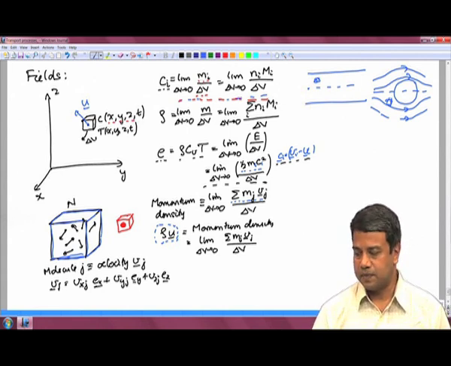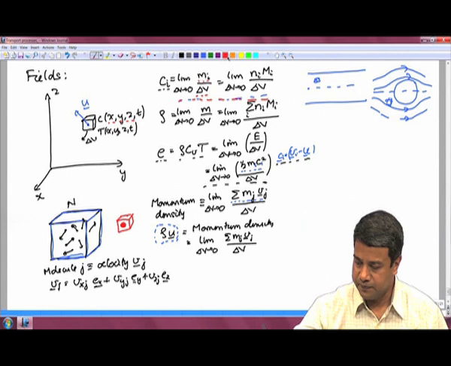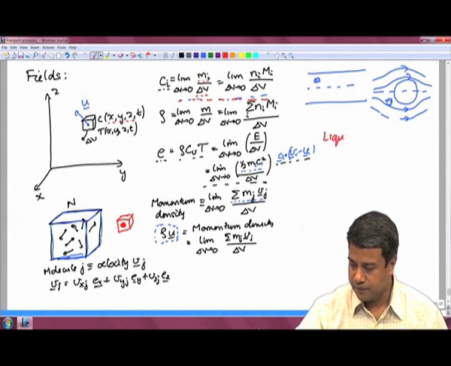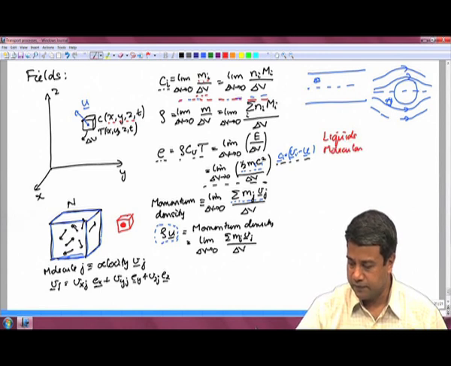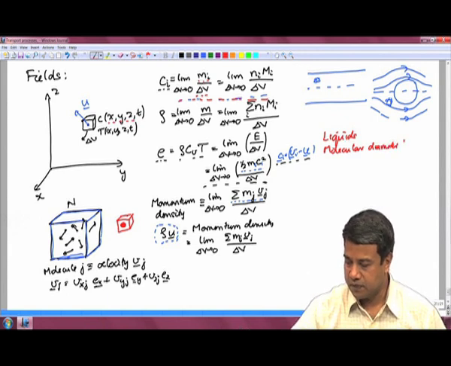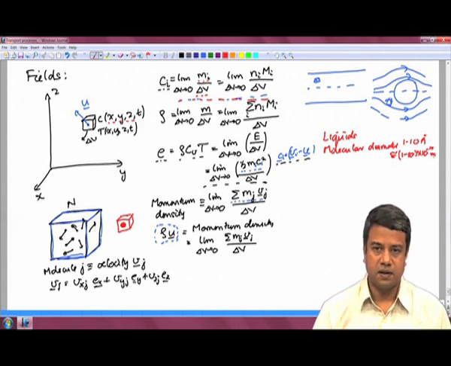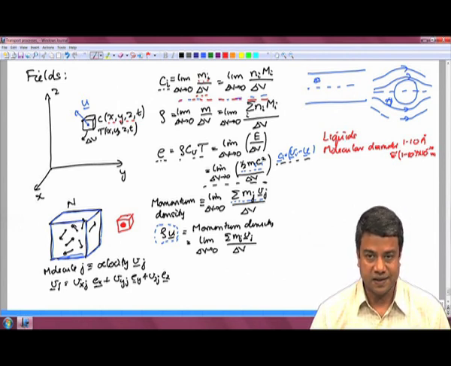For example, in liquids, the molecular diameter is of the order of 1 to 10 angstroms. This is about 1 to 10 times 10 power minus 10 meters. So, molecular sizes are actually on the order of 10 power minus 10 meters.